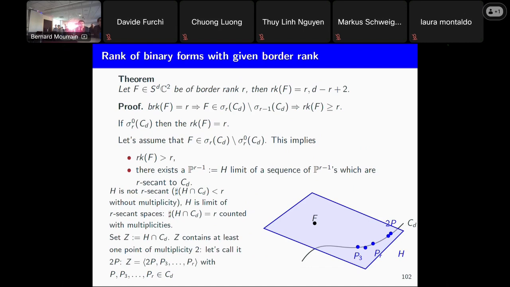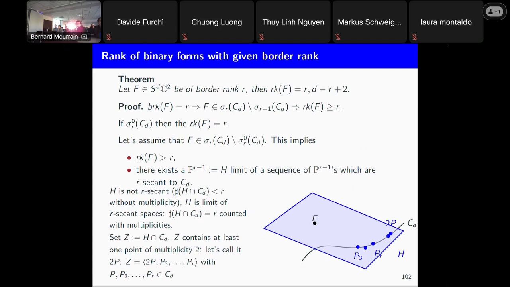Now I try to mimic what I did before. So if the rank of F is bigger than R, and the border rank of F is R, then I have some space of dimension R that is the limit of a sequence of some P^(R-1), which are R-secant to my curve C_D.